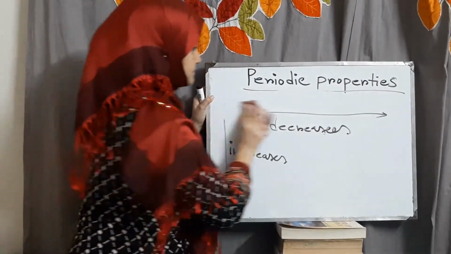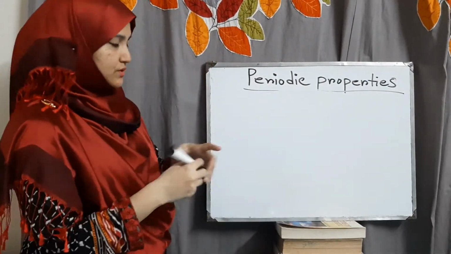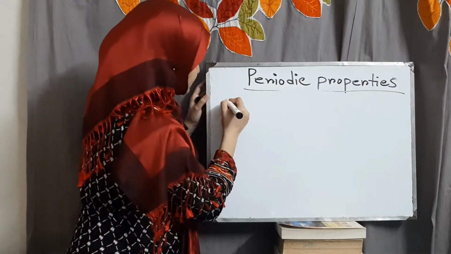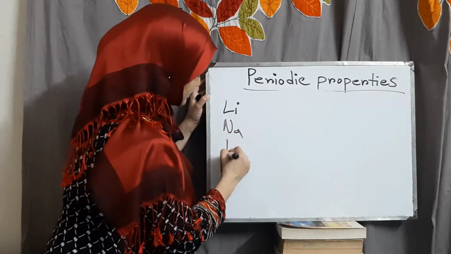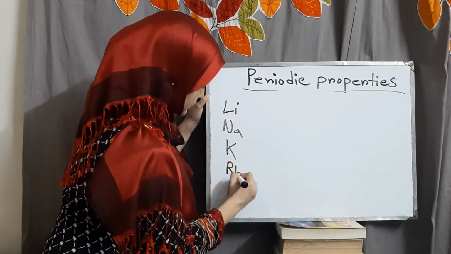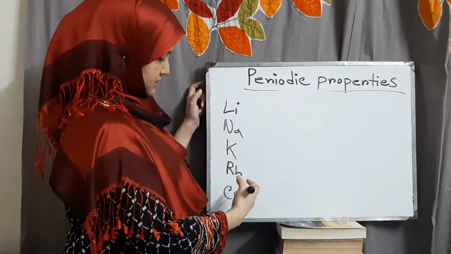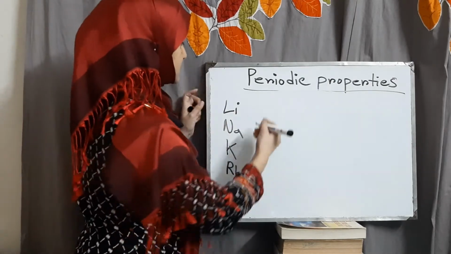Okay, for example, at first we consider group 1 elements: lithium, sodium, potassium, rubidium, cesium, the first 5 members.